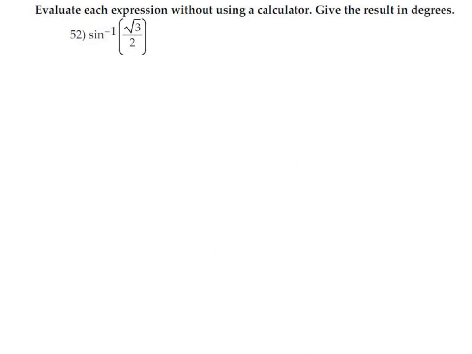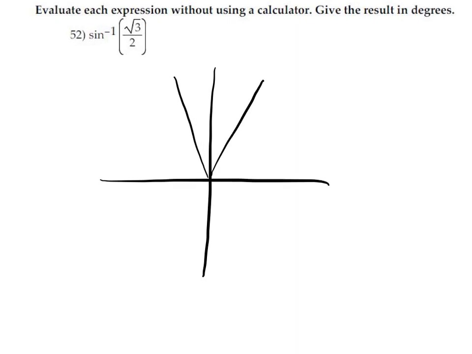Evaluate the expression without using a calculator. Give the result in degrees. Arc sine of square root 3 over 2. So we have 60 degrees and 120 degrees. These are the two spots where sine equals square root of 3 over 2.